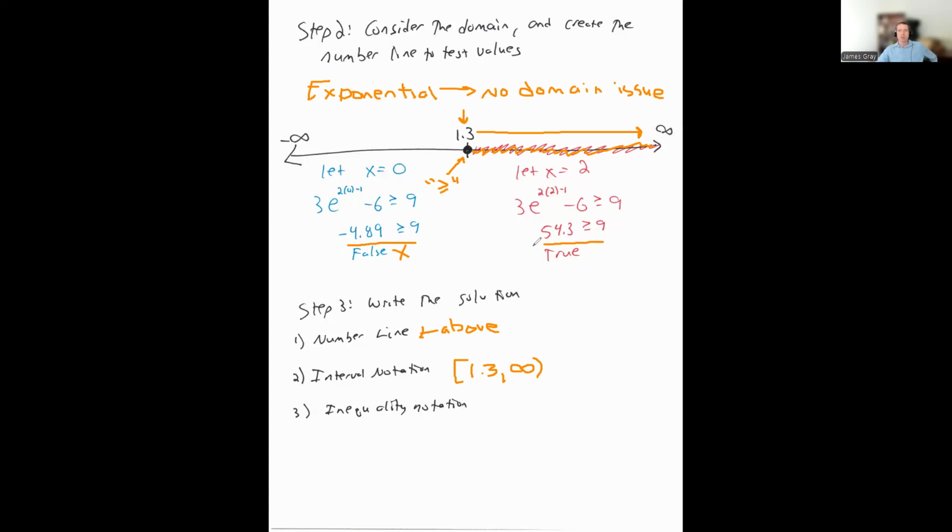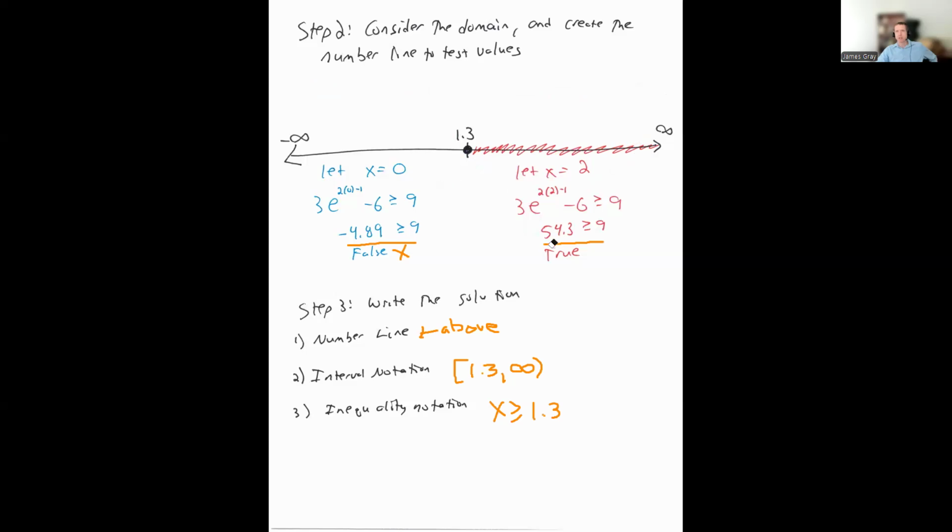For inequality notation, when we're talking about going to the right, this is going to be x is greater than, in this case, greater than or equal to 1.3. Greater than always means to the right.